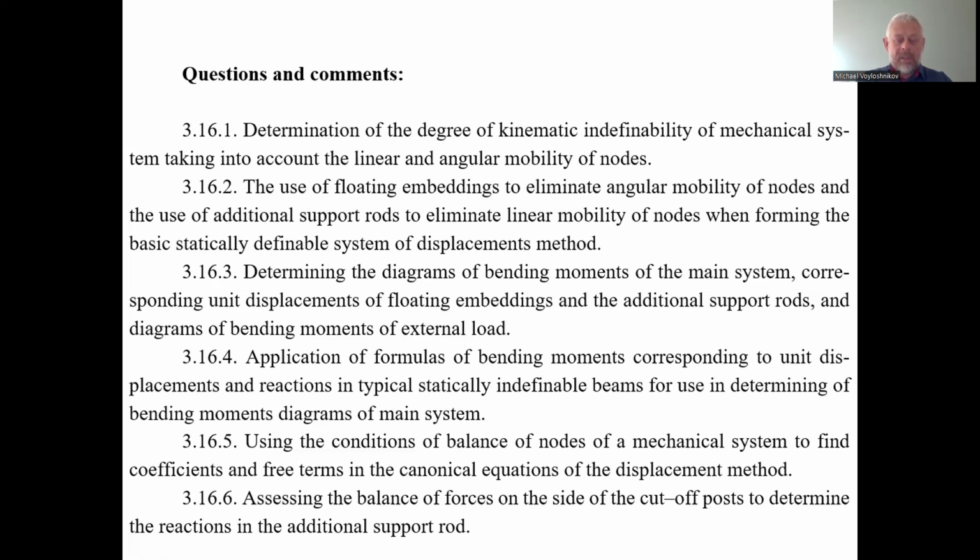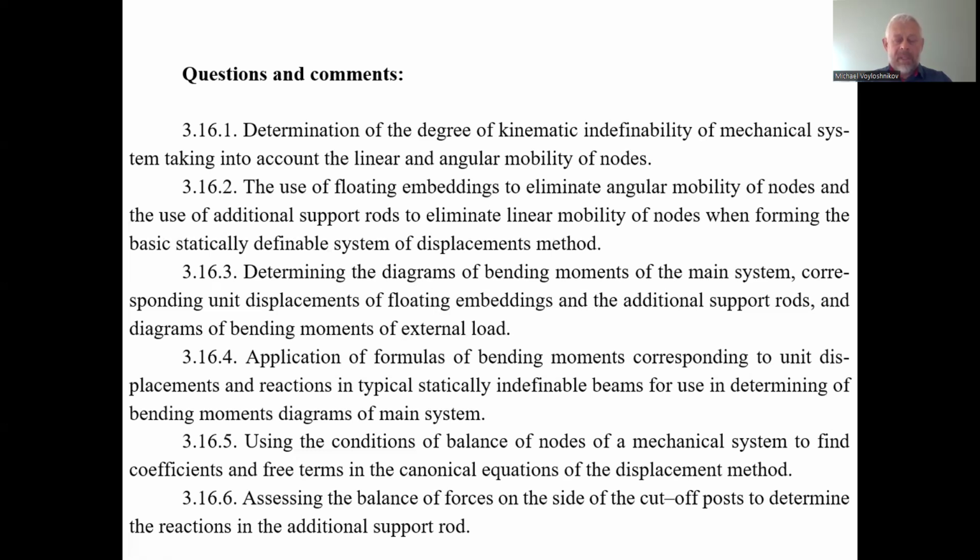If the elements of the mechanical system are connected in a definite node rigidly, with no opportunity to change the angle between the elements connected in that node, we can use the floating embedding. And if we consider the mobility of the hinges, and we have to constrain the mobility of hinges of the connection of the elements of the assigned mechanical system, we can use the simple extra connection.